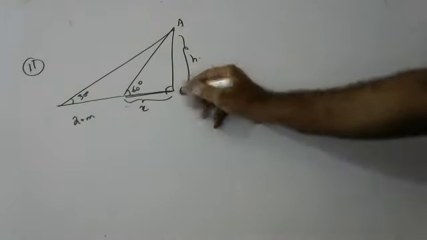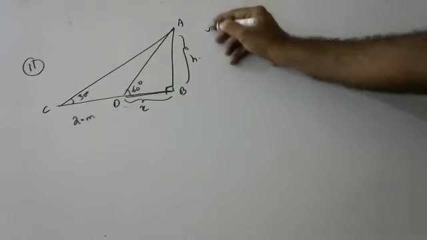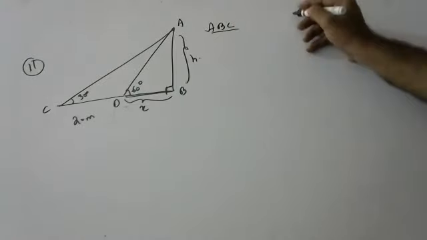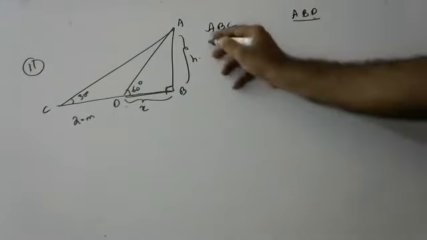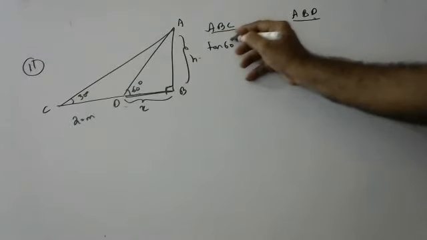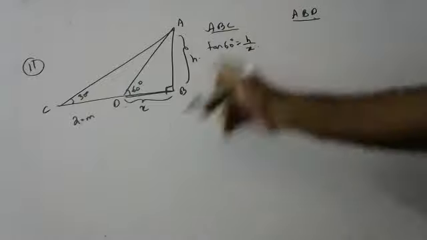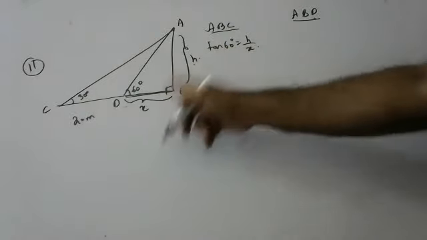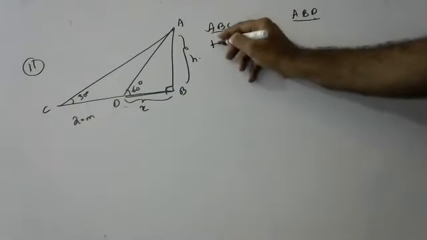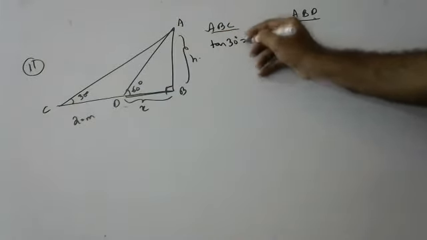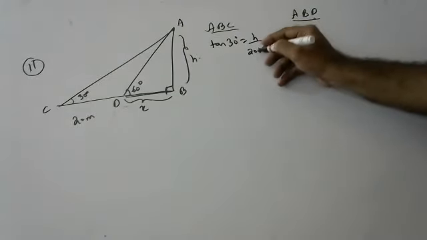A, B, C, D. Okay, children. Can anyone say ABC, children? ABC means tan 30 is h by 20 plus x.